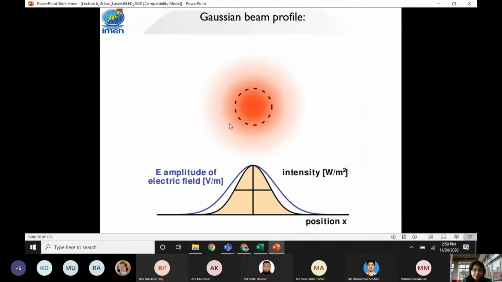In terms of a Gaussian beam profile, this is the electric field amplitude, which is given in volts per meter, or the intensity of the light. This is what you can see from a laser, like a laser pointer. And this is the spectrum. It's in the form of a Gaussian beam, so it's highest in the middle, and this is in terms of position. Away from the middle, it becomes dimmer.